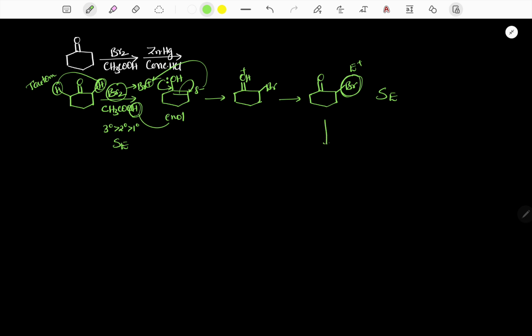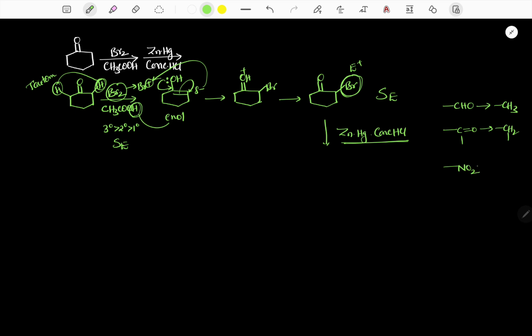Now it is treated with zinc mercury conc. HCl. So whenever we see this reagent, we should think about these reactions. If CHO group is there, it will be converted to CH3. If keto group is there, converted to CH2.